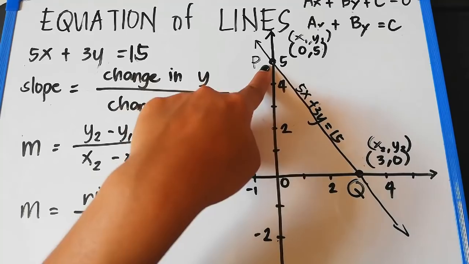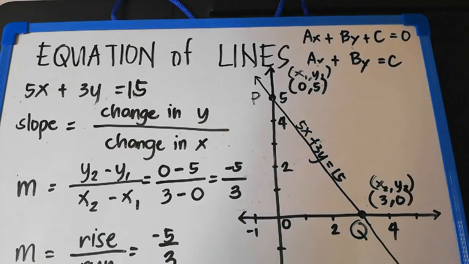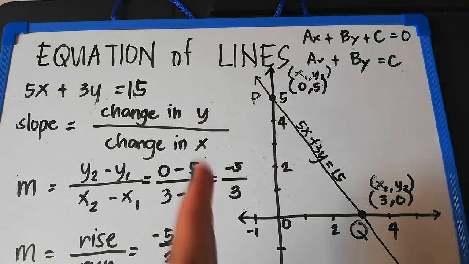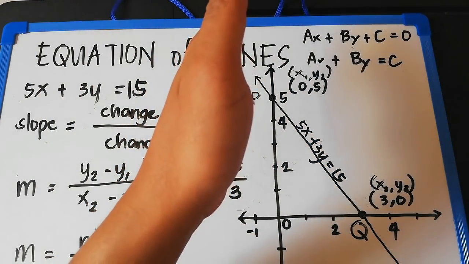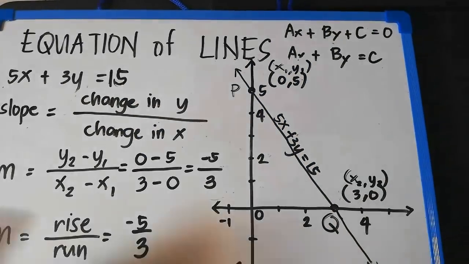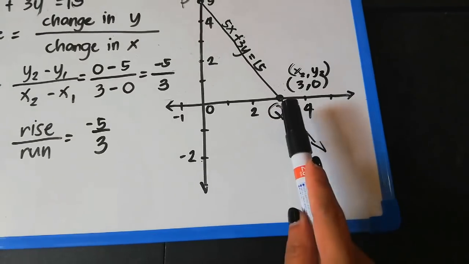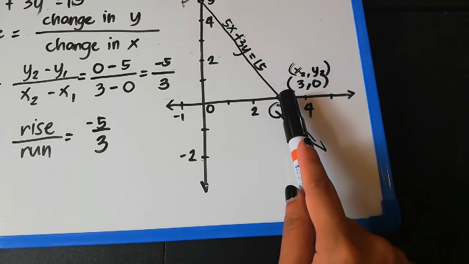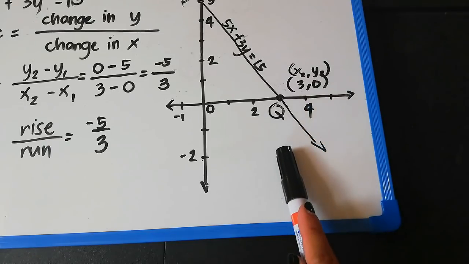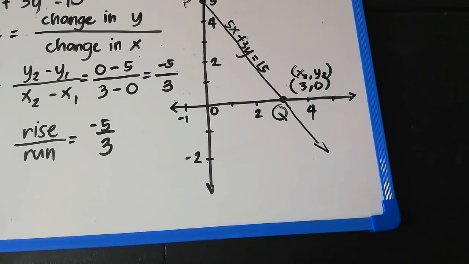So, kung gusto mong malaman pa yung ibang points ng graph natin pataas, so, move ka lang ng 5 units upward and 3 units to the left. Kung gusto mo namang makuha yung points dito sa baba, yung mga susunod pa na points na dadaanan ng graph natin, so, you're going to move 5 units downward, kasi yun ang ating vertical movement, and then 3 units to the right.